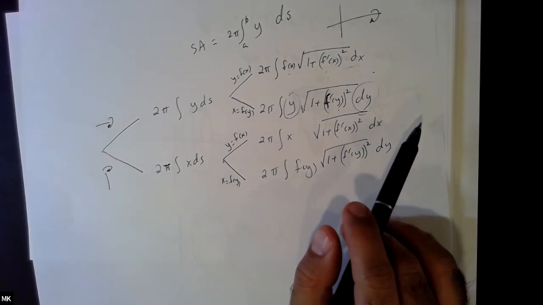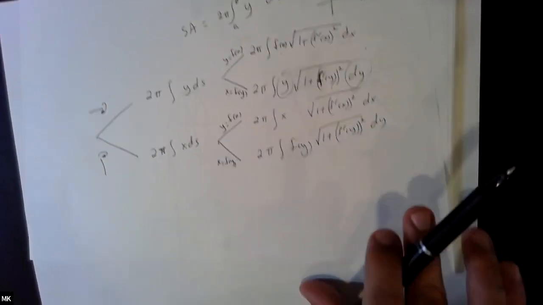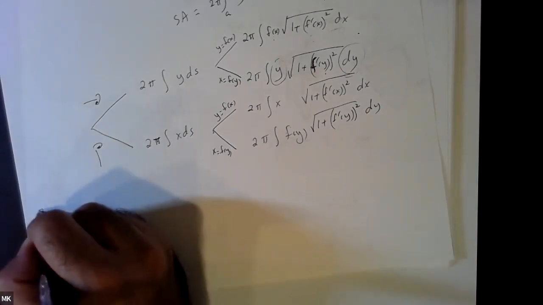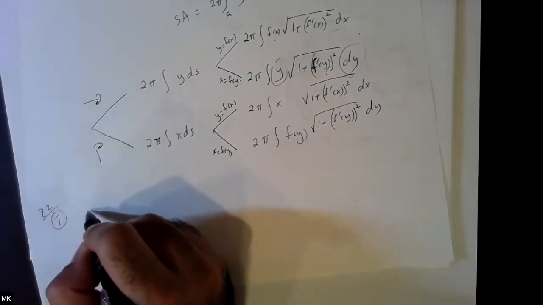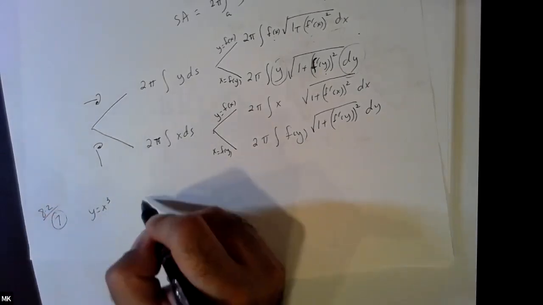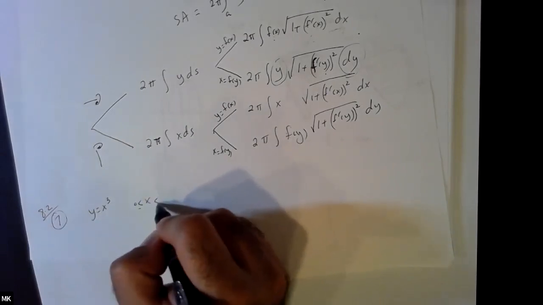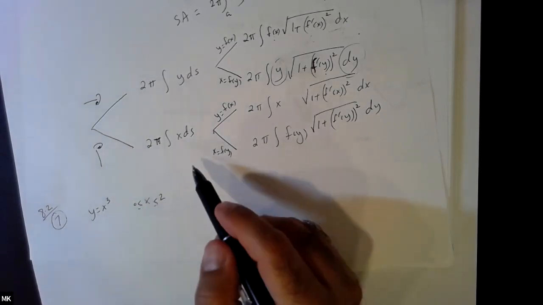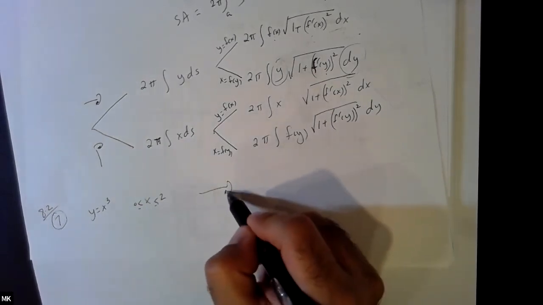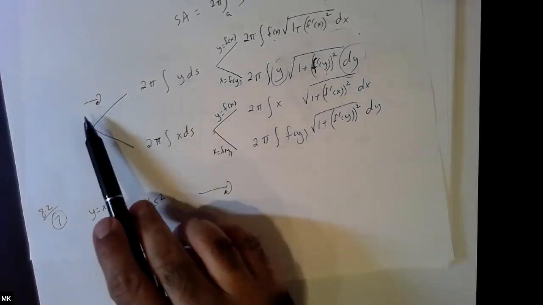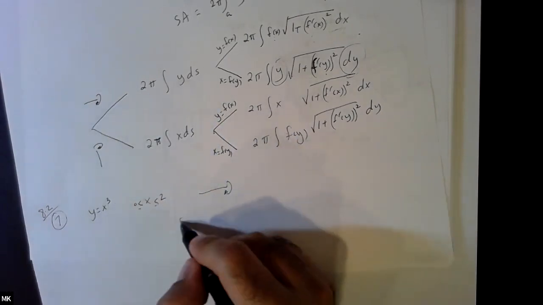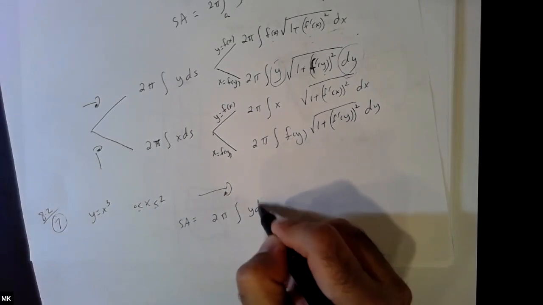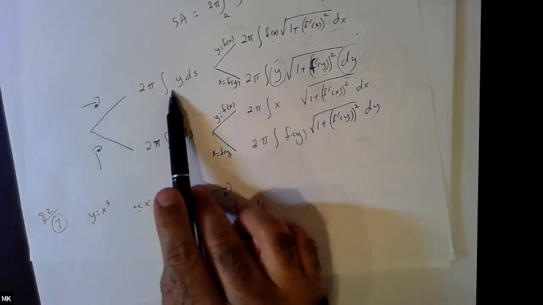Let's do an example together. Let's do number 7, I guess. 7 is, again we're in 8.2 right now, y equal to x cubed, x is between 0 and 2, and it's rotated about the x-axis. Okay, so rotated about the x-axis, I'm going to have surface area to be 2 pi y ds because it's about the x-axis.